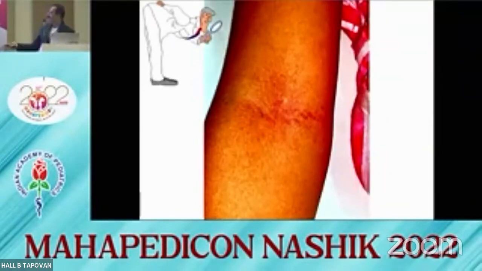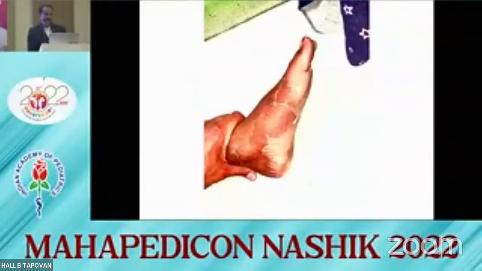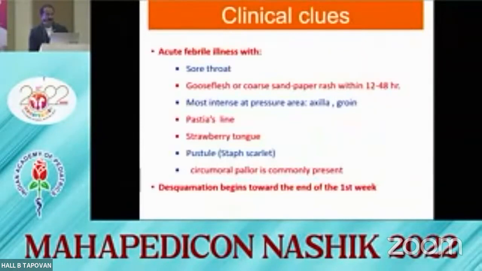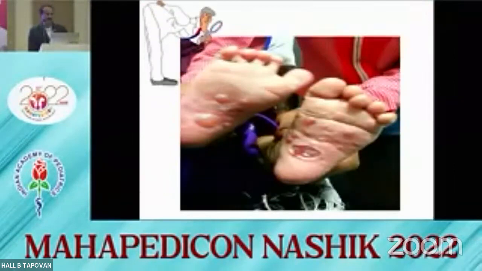Can you see the reddish line here? This is called Pastia's line, which is there in cases of scarlet fever. These are the clinical clues for the diagnosis. And what is this? Skin peeling, which occurs at the end of the first week in scarlet fever. So this is scarlet fever, and these are all clinical clues for the clinical diagnosis of scarlet fever.